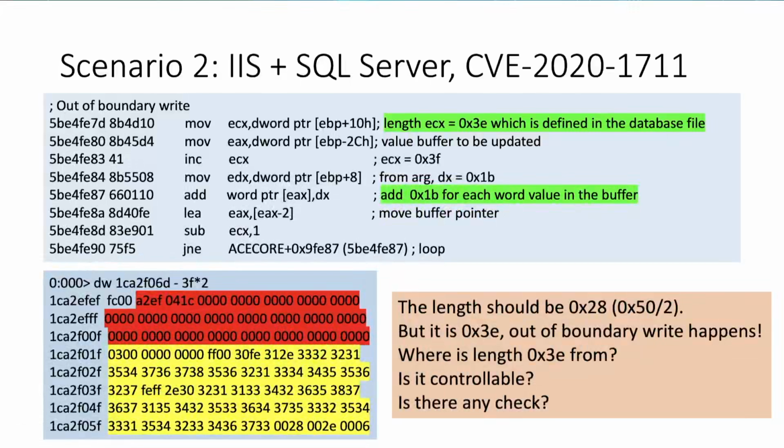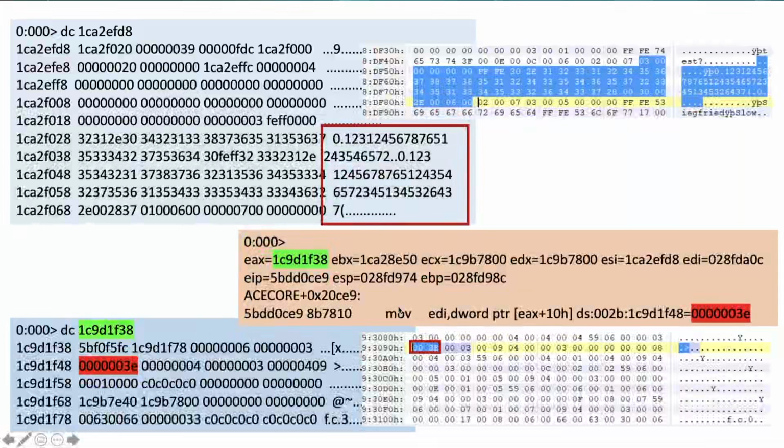Where does the loop count 3E come from? Is it controllable? Is there any check? Let's see. No check at all.